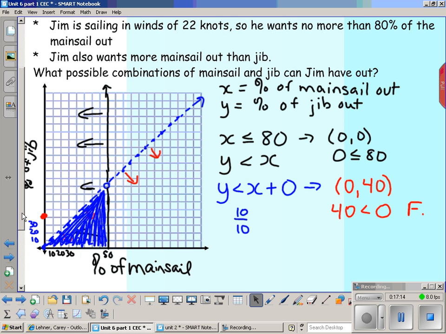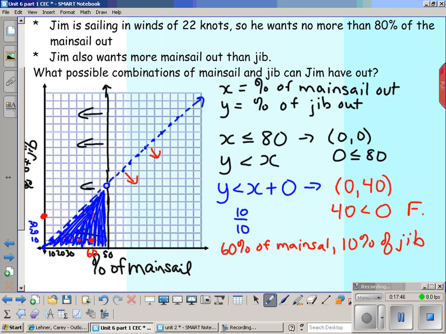So now what possible combinations of mainsail and jib can we have? Well, anything that falls in this region. So let's say we chose this point here. This is at 60 and 10. So we could have 60% of mainsail and 10% of jib. Do we have to have whole number values? Absolutely not. We could have something in the middle.